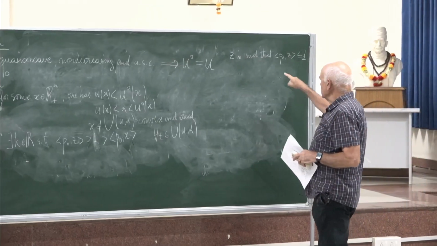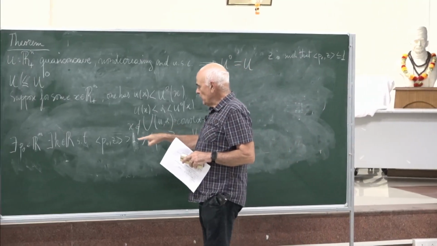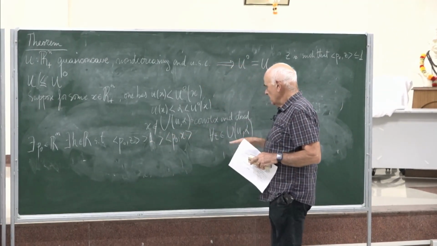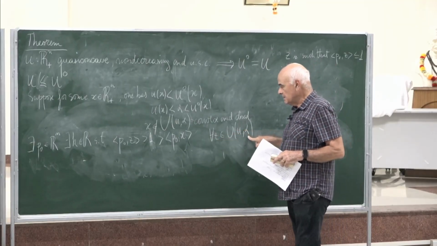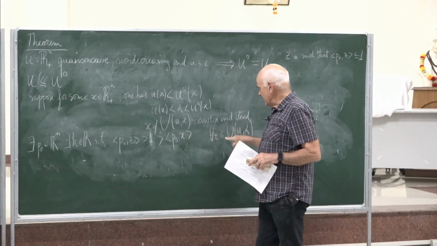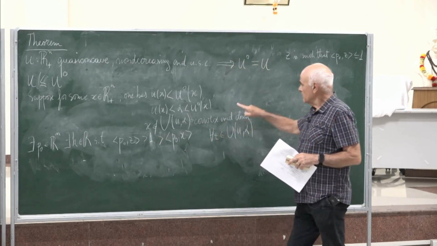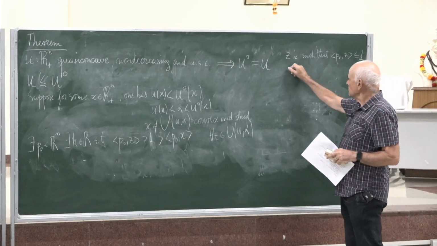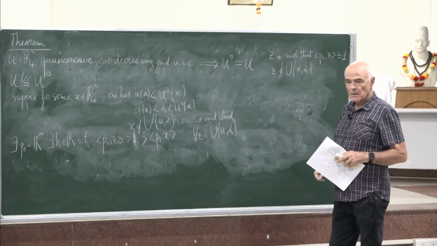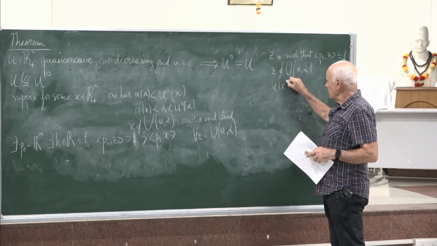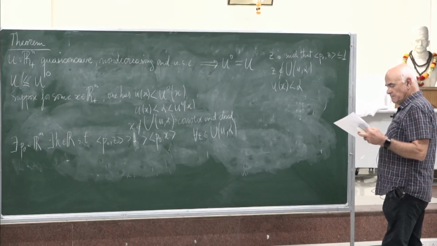Then, suppose z is such that P naught z is less than or equal to 1. Then z is not in this upper level set, because for every z in this upper level set we have the opposite inequality to this one. This means that u of x is strictly less than alpha.